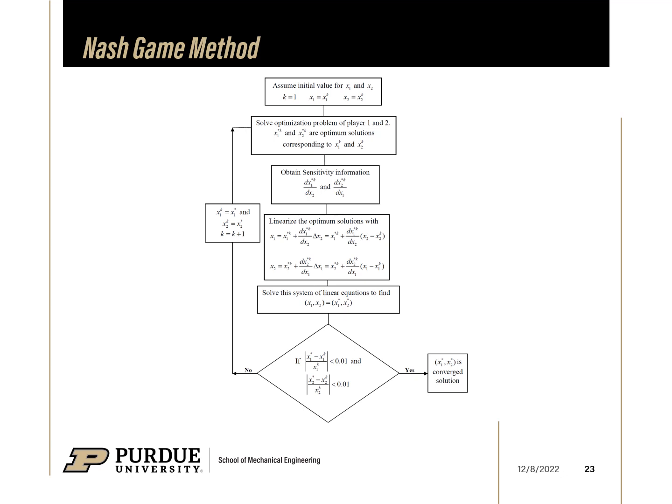Using this information, the optimum solutions can be linearized based on the previously discussed equation. Solving the system of linear equations yields optimum values for both players. If the difference between these optimum values and the assumed values divided by the assumed values is less than or equal to a certain threshold, then the values have converged to the Nash solution.